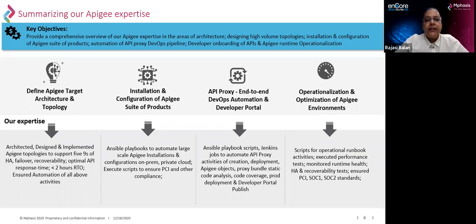Once this architecture is defined, we go on to installing and configuring Apigee, more so when it's an on-premise installation. When it's cloud hosted, this aspect is less managed by us.